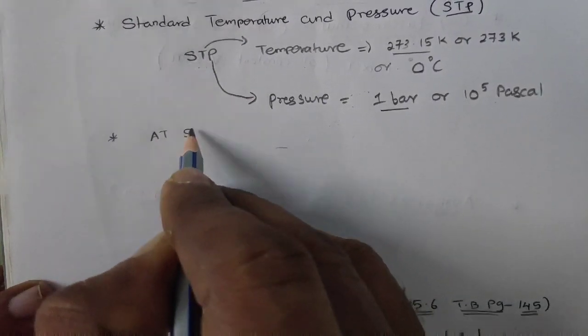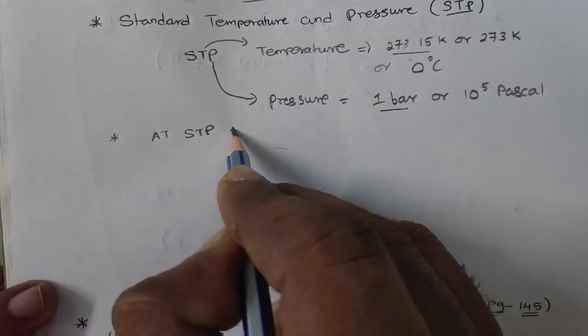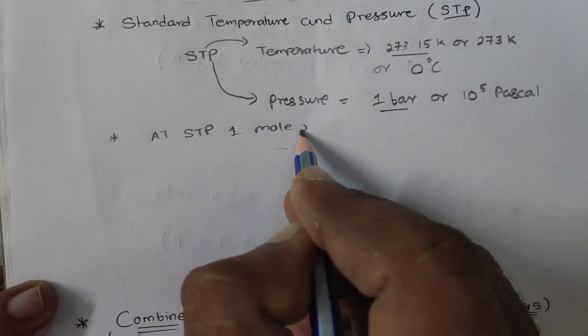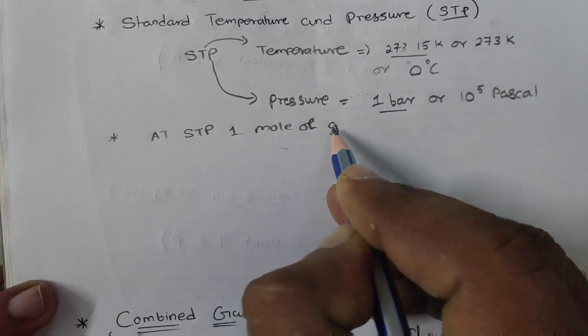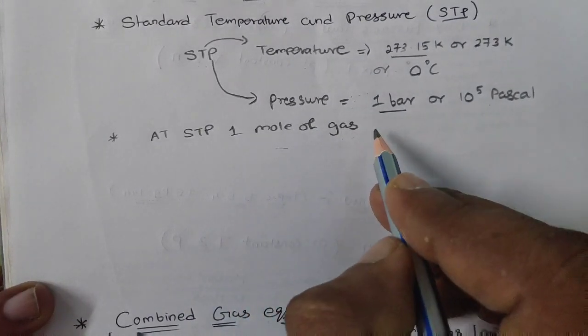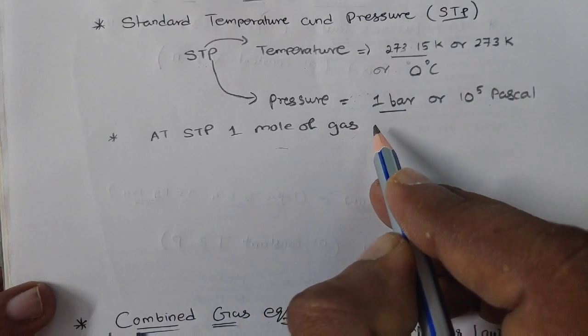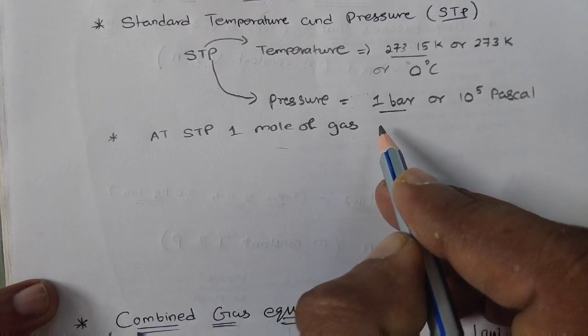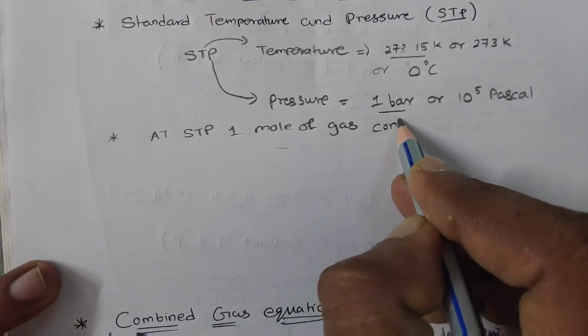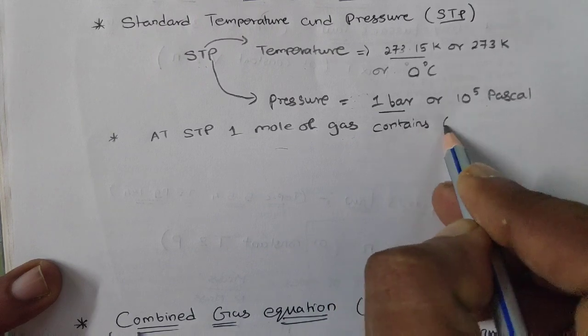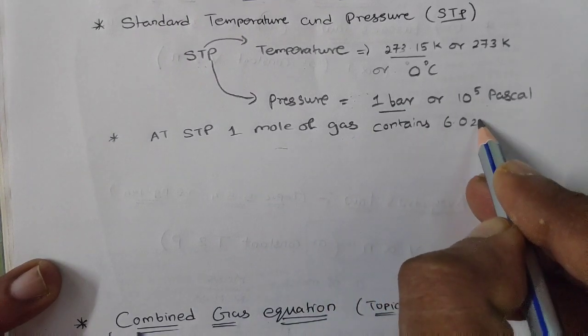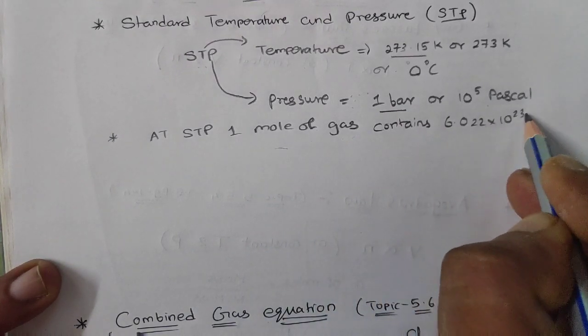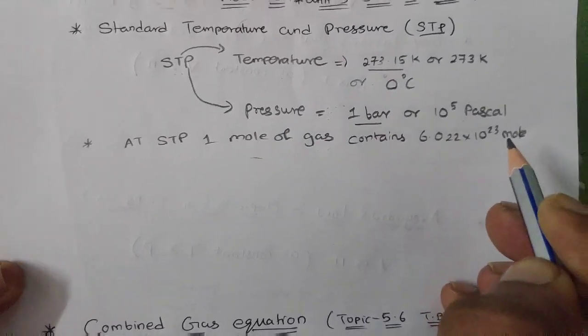At STP, 1 mole of gas. Now 1 mole of gas, that is real gas, what we say. Ideal gas I will be explaining in the next topic. 1 mole of real gas contains 6.022 into 10 raised to 23 molecules, right?